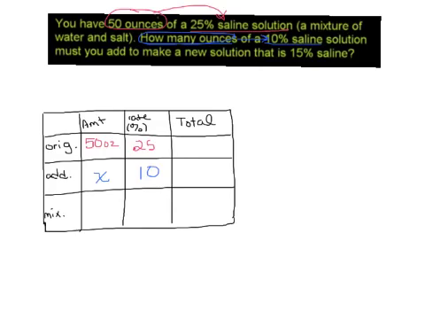Must you add to make a new solution that is 15% saline? So I want the mixture to end up being 15%. Do I know how much is in the mixture? No. So I have two options here for this amount of the final mixture.